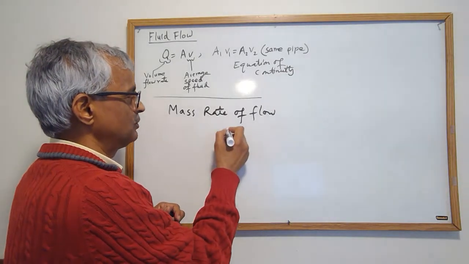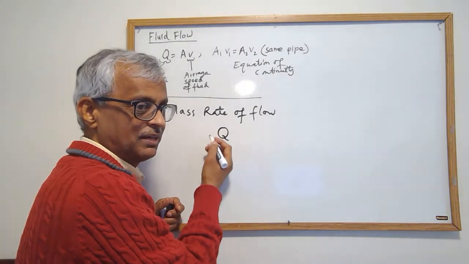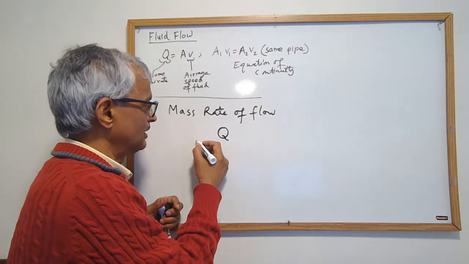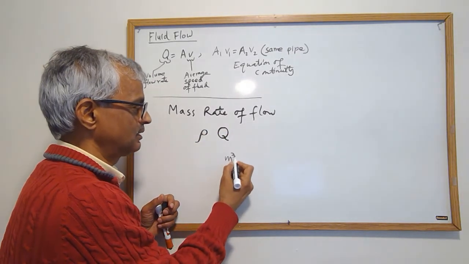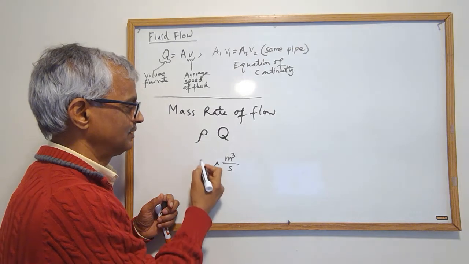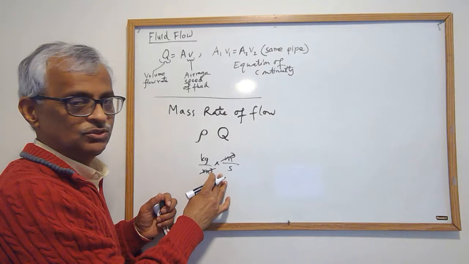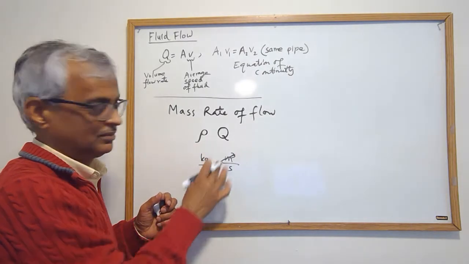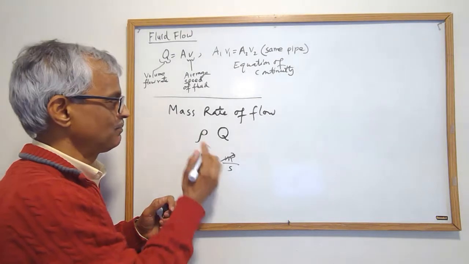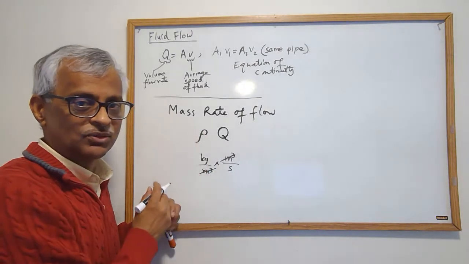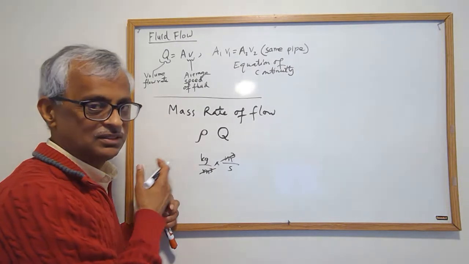So if I take a Q and I just multiply by density rho, this is meter cube over second, and this is kilogram over meter cube. So you can see in the units, it's going to work out to mass rate of flow, mass per unit time, right? So this is sometimes called current.